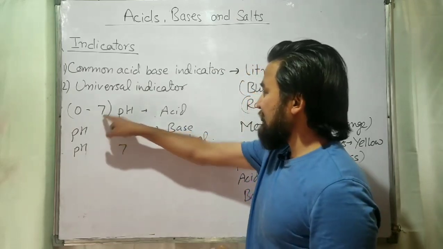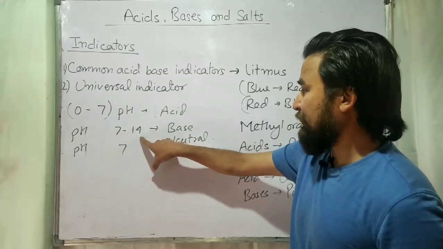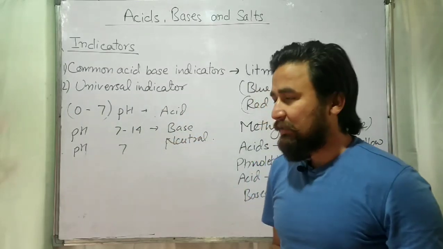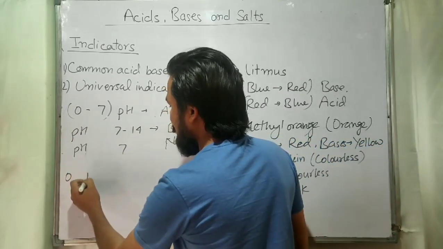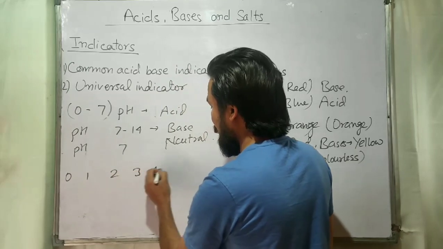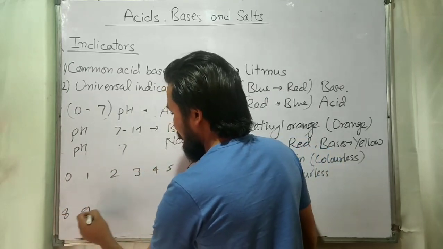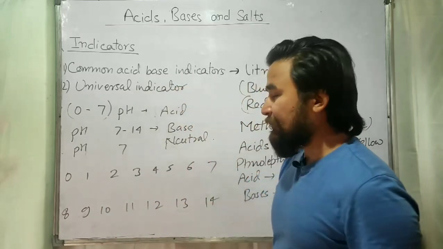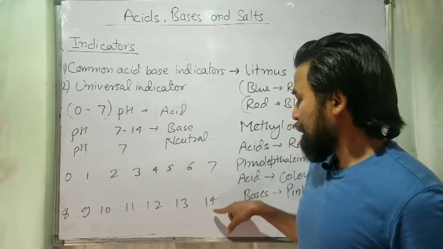So if pH is less than 7, the substance is acid. If pH is greater than 7 up to 14, the substance is base, but if pH is 7, the substance is neutral. We can have pH from 0, 1, 2, 3, 4, 5, 6, 7 to 8, 9, 10, 11, 12, 13 and 14. So we can have the pH of a substance from 0 to 14.